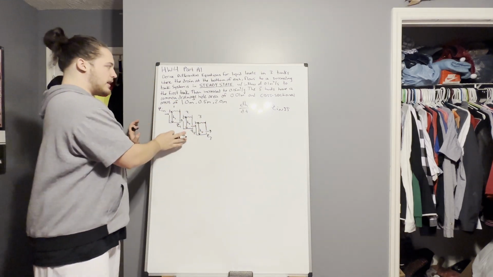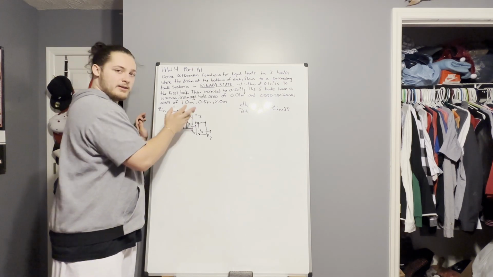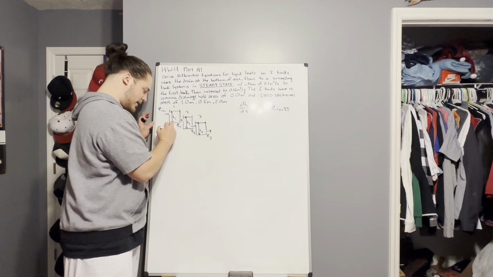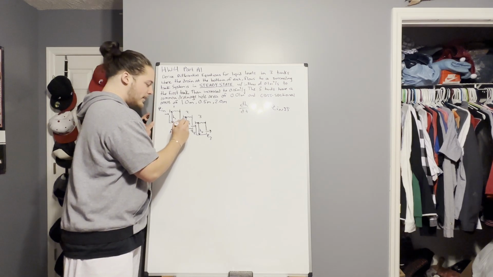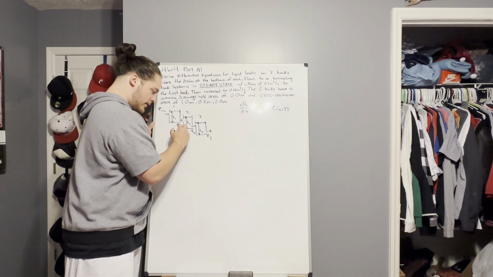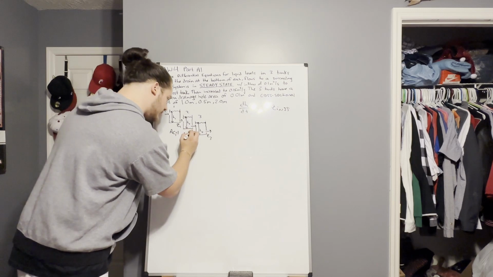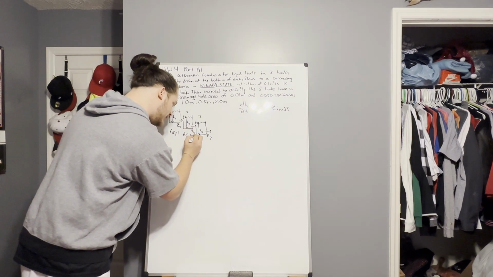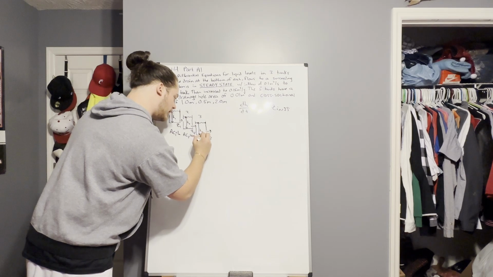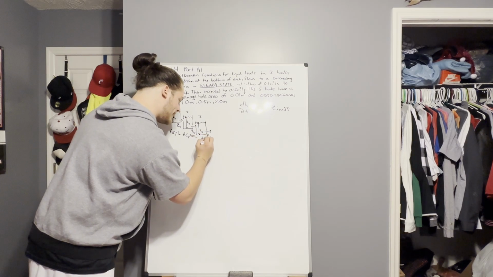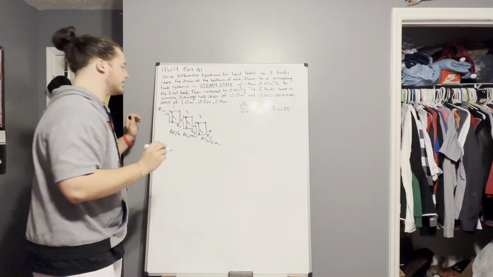And for our first tank, our cross-sectional area is 1 meter. So we can write that our cross-sectional area is equal to 1, and here our cross-sectional area is equal to 0.5 meters, and lastly our third tank, our cross-sectional area is equal to 2.0 meters.